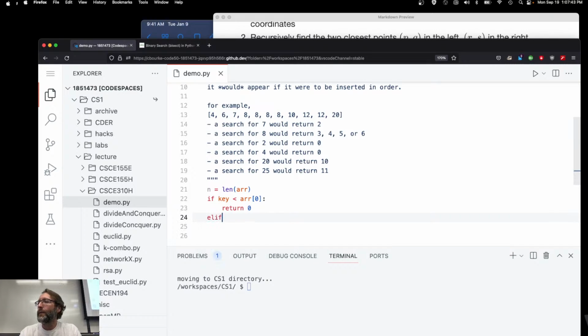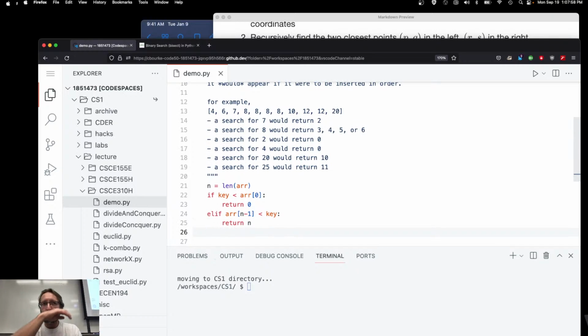Else if the value at the end is less than the key, then what should I return? N. Right.